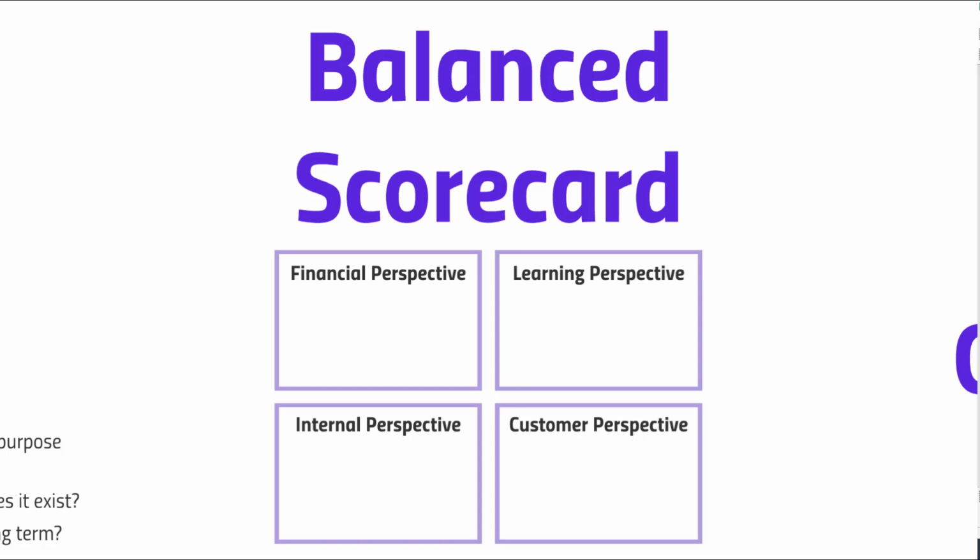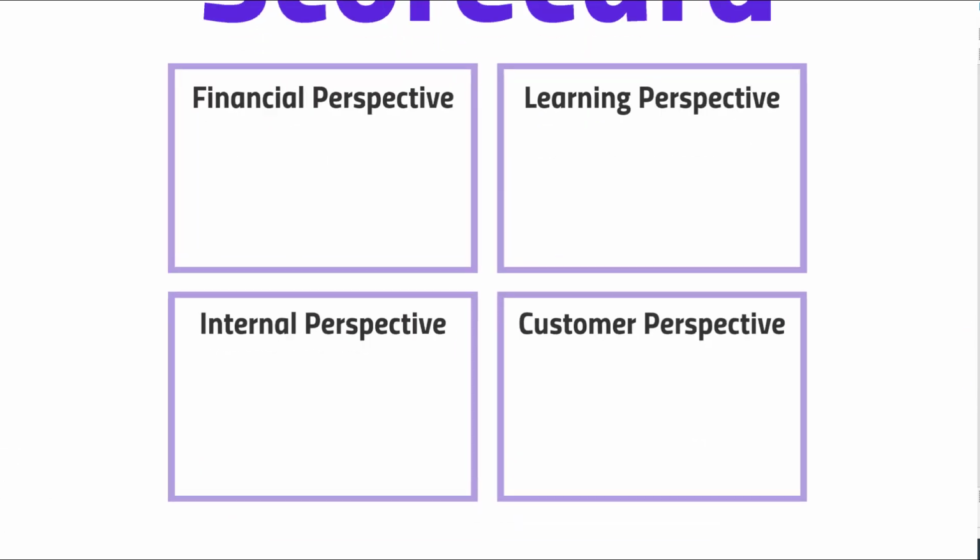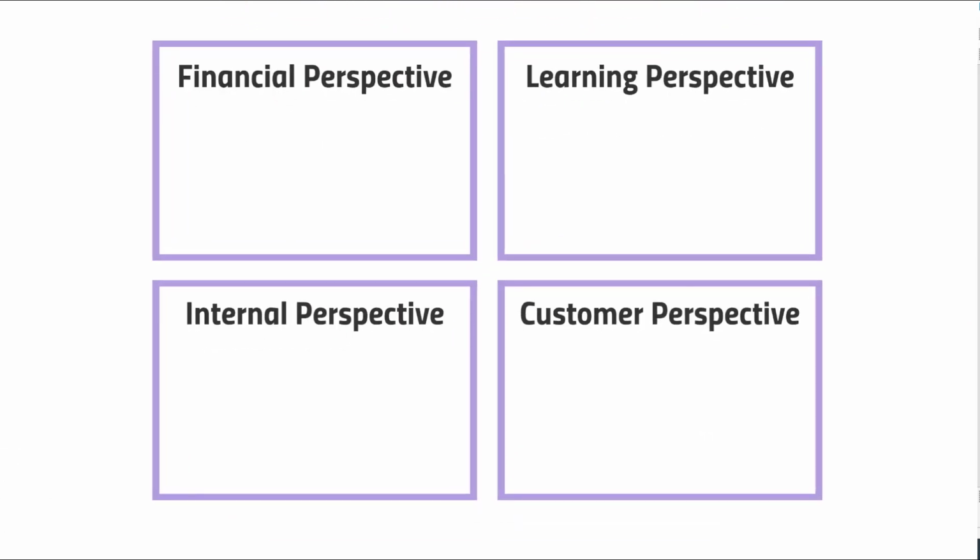So the learning perspective, the internal perspective, the customer perspective, as well as obviously the financial perspective, making sure the organization is achieving sustainable success. But let's have a look at the financial perspective first of all. Now, obviously this is the perspective which is focusing on the financial performance of the organization.